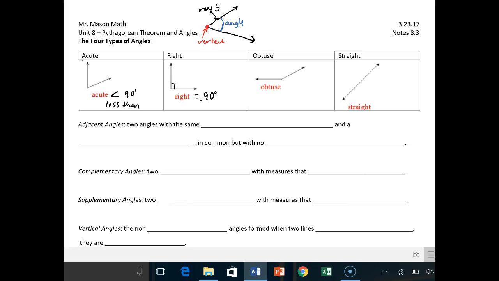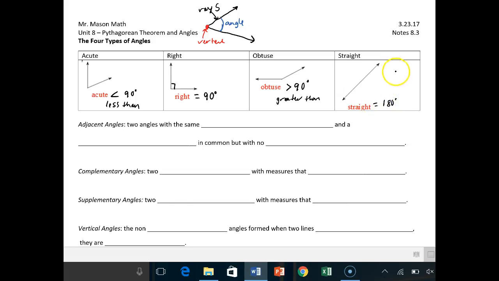An obtuse angle is an angle that's going to be greater than 90 degrees. So starting at 90.1 degrees all the way up to 179.99 degrees, so greater than 90 degrees. And a straight angle is just going to be a straight line, and a straight line is equal to 180 degrees.